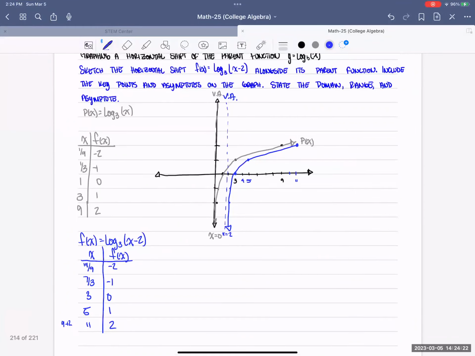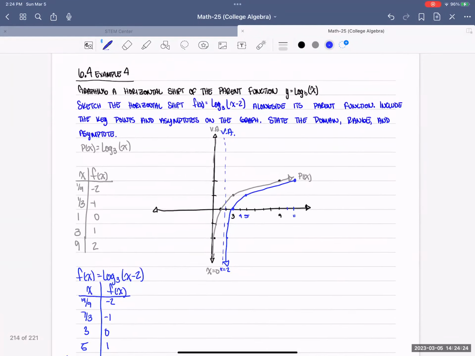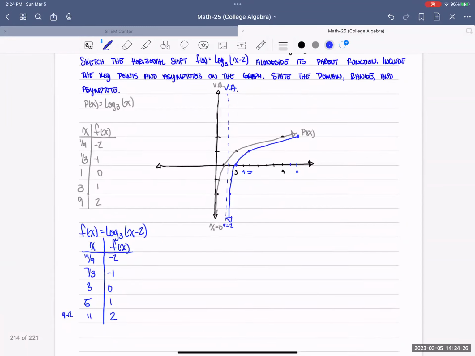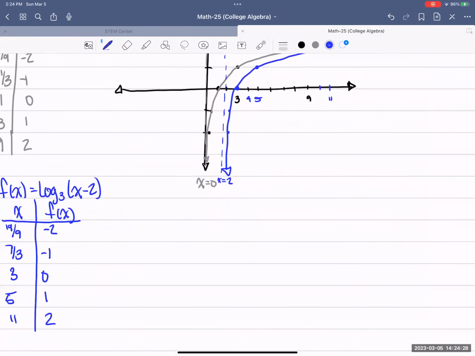And there we go. So lastly, we just graphed it with our key points, now state the domain, range, and asymptote.